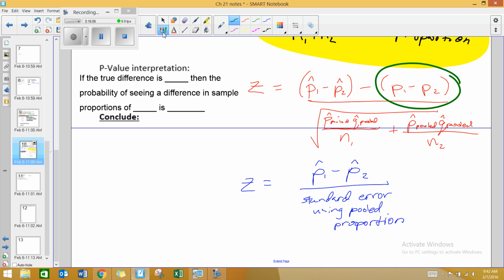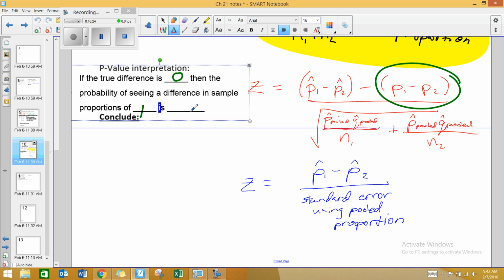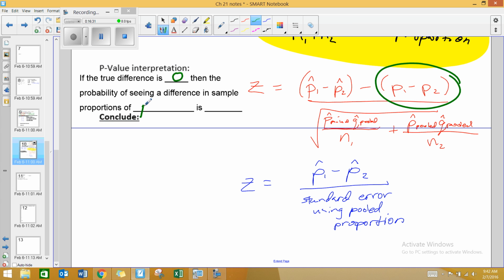So if the true difference is 0, because that's our null, right? Then the probability of seeing a difference in sample proportions of, let's actually extend this just a little bit, of seeing a difference of whatever I calculated is your p-value.